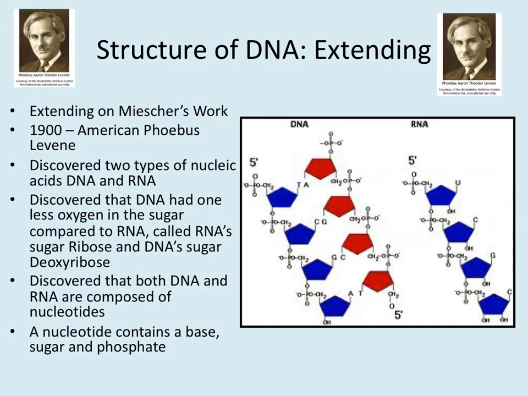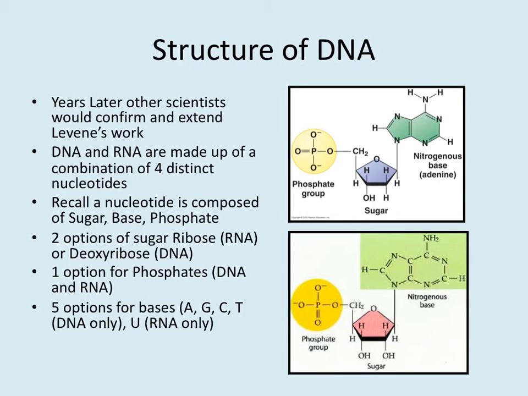So Miescher discovered the macromolecule, then Levene discovered that there are two types of nucleic acids, DNA and RNA. We should already know the differences between DNA and RNA from our previous lectures. On the left side we have DNA, and on the right side of the picture we have RNA.